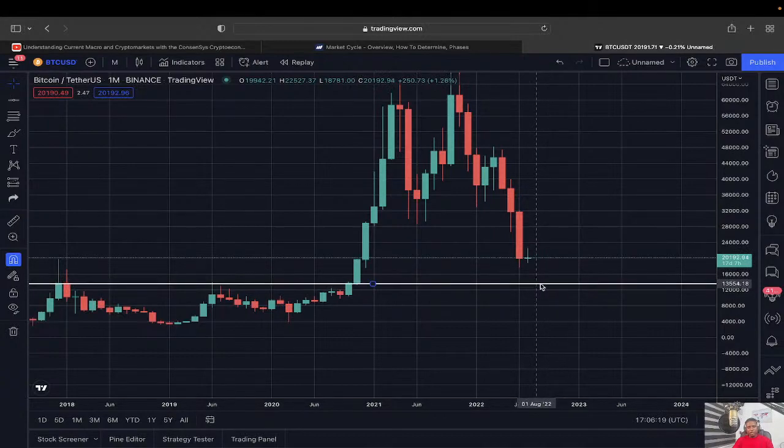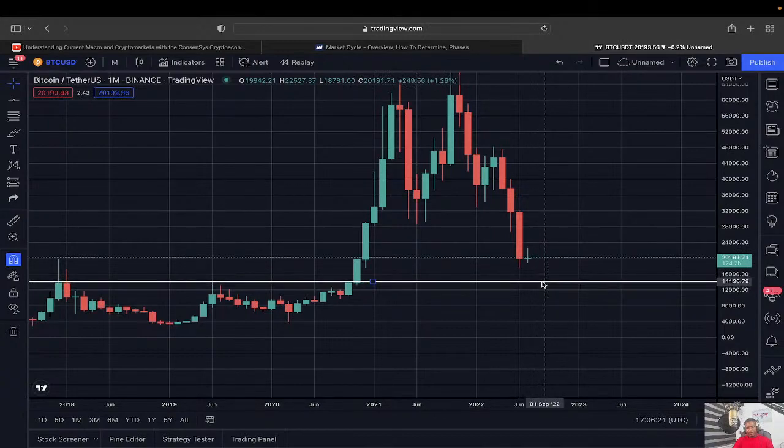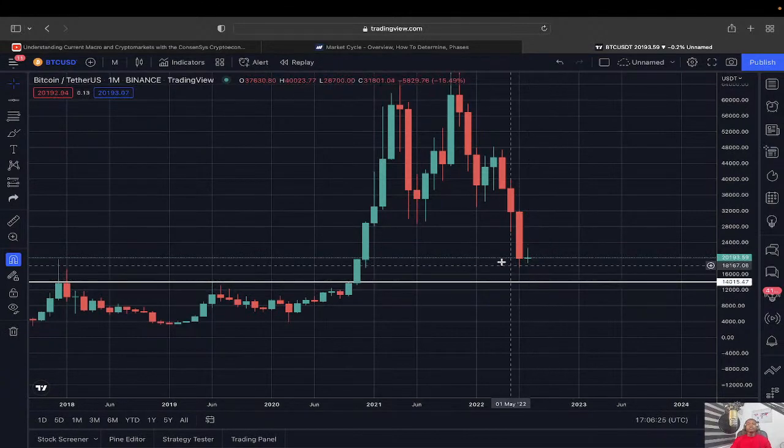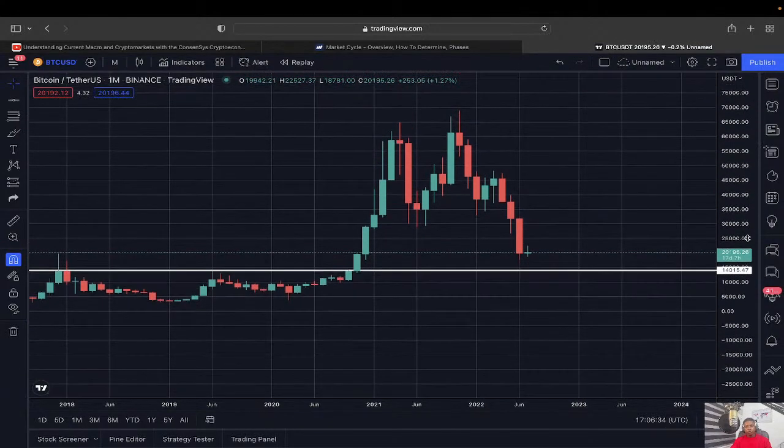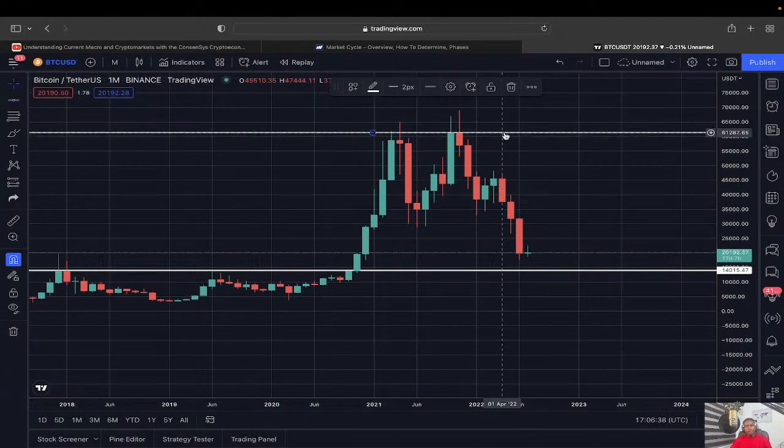The 14K region, if I'm not mistaken, is a very strong support level, while the 61K region is a very strong resistance level.